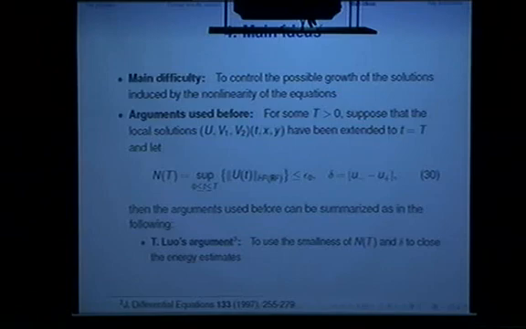And then the former result is different. In Nordström's argument, he used the smallness of both epsilon and delta to close the energy estimate. So his result is on the local stability of weak rarefaction wave solutions.